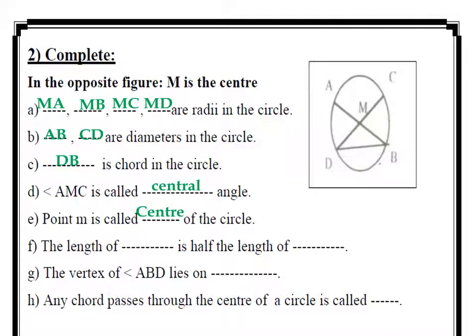The length of, you can choose any of the radii you have written, the length of MA, for example, is half the length of AB. The vertex of the angle ABD lies on the circle. Okay, any chord that passes through the center of the circle is called a diameter.